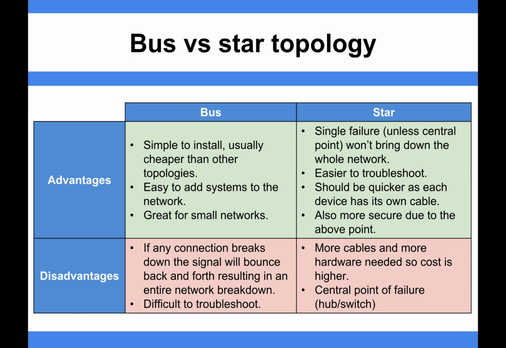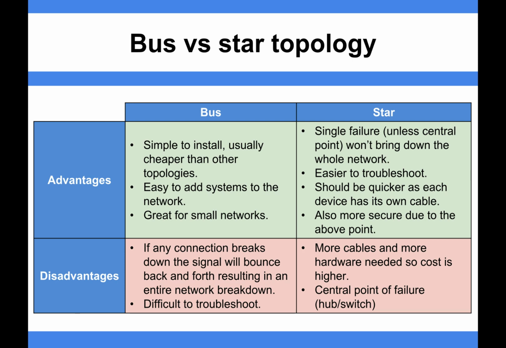The advantage of a star is there isn't a single point of failure, because if one of the connections goes down, it won't bring down the whole network. However, that single point of failure could be the central point, which is typically your hub or your switch.